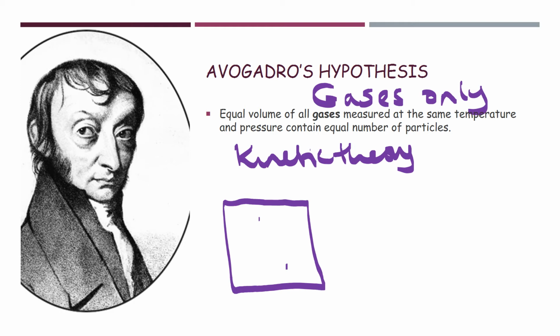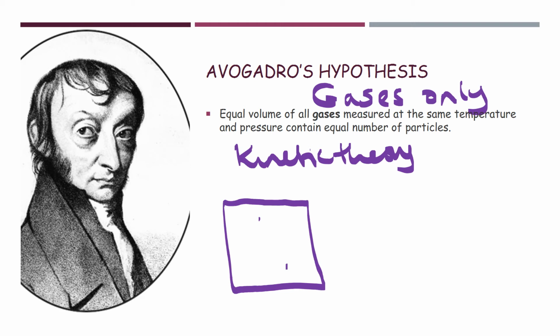The sizes of these two gases is very, very small compared to the distance between them. So this means that for any gas sample with the same number of particles, it will occupy the same volume at the same temperature and pressure.